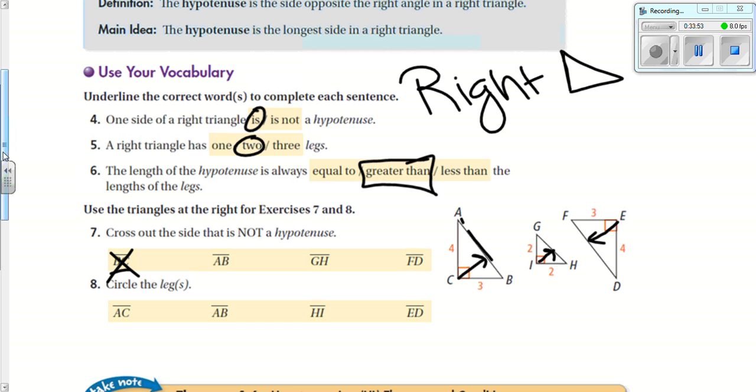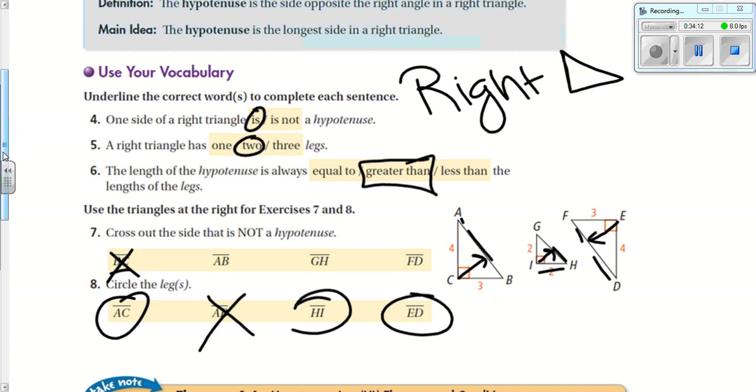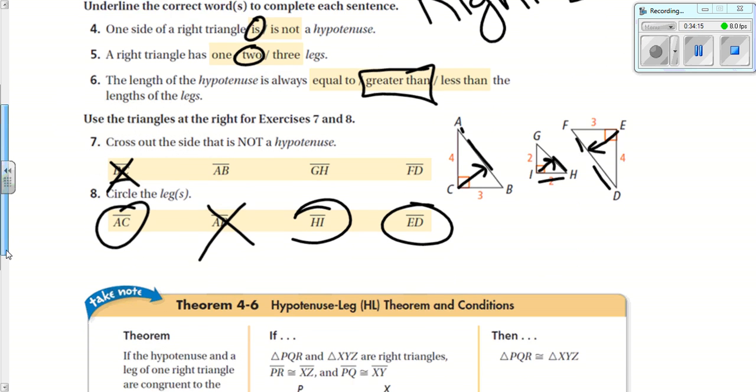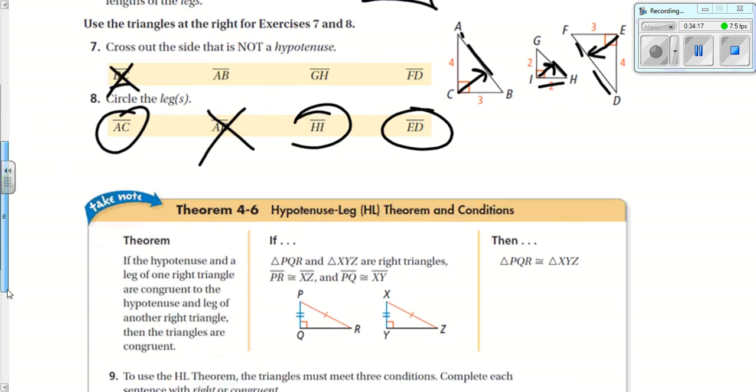AB, yes, AB is across the right angle. GH, yes. FD, yes. We're good. Okay. Circle the legs. The legs are the other ones. AC is a leg. AB is not a leg. That's our hypotenuse. HI is a leg. And ED is a leg. So hypotenuse is across from the 90-degree angle. Legs are the other sides.